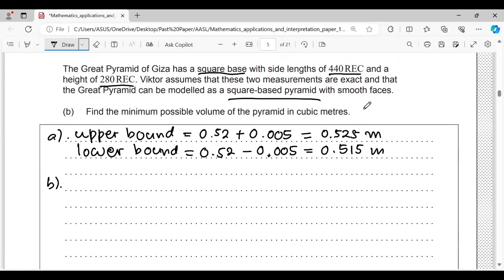We are going to use this number in meters, not in REC.